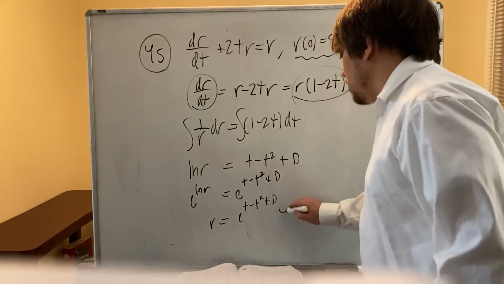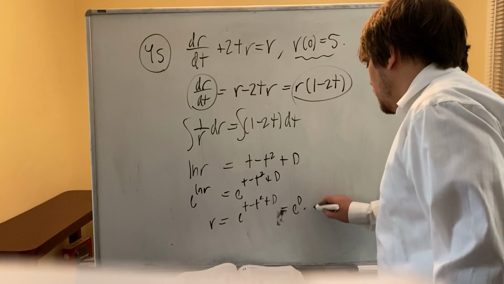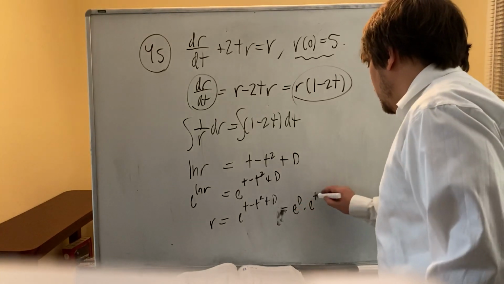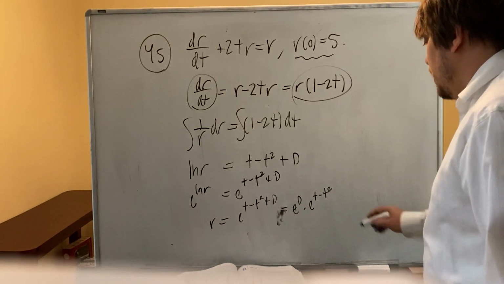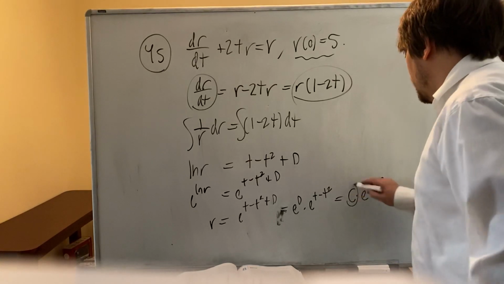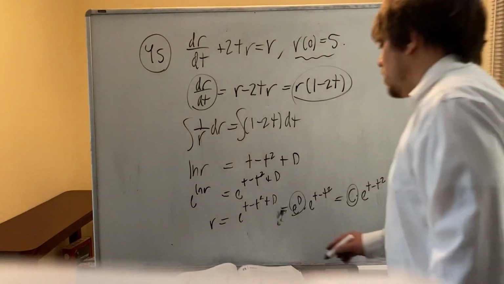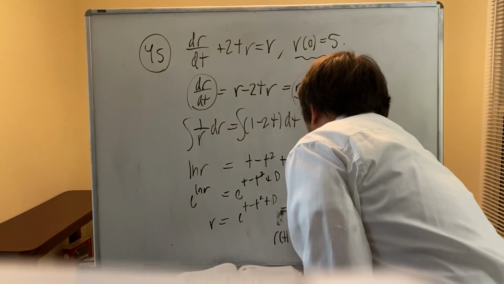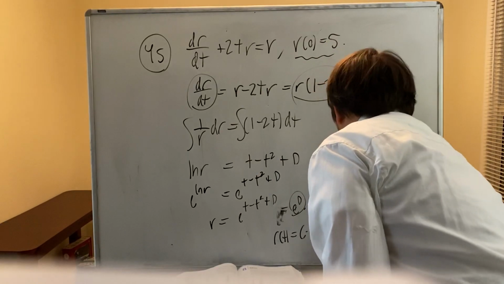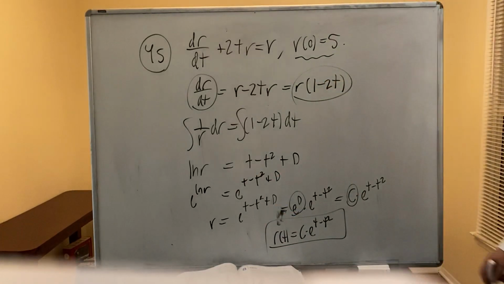This is equal to e to the d times e to the (t minus t squared), which is equal to c times e to the (t minus t squared), where c is e to the d. This is a constant though. So r of t is equal to c times e to the (t minus t squared). That's solving for r explicitly in terms of t.